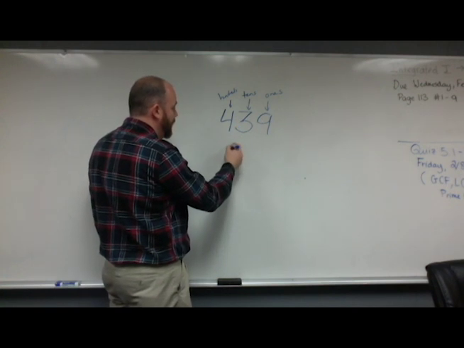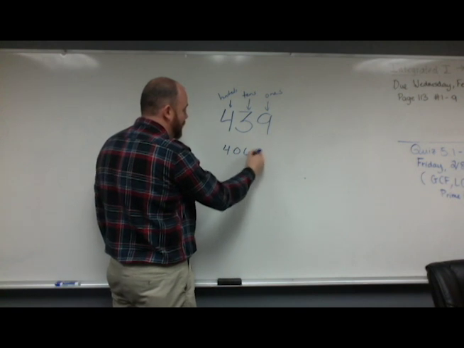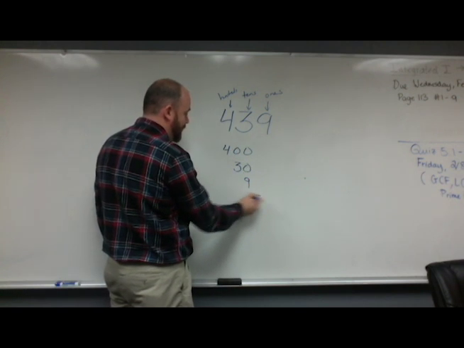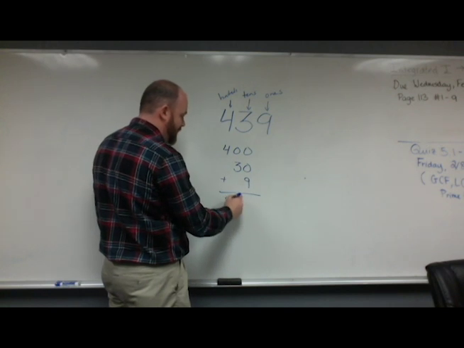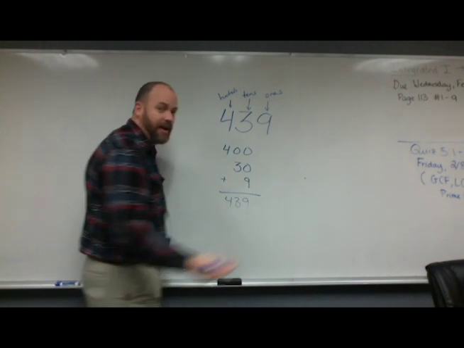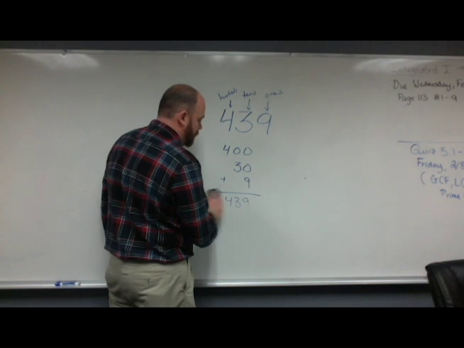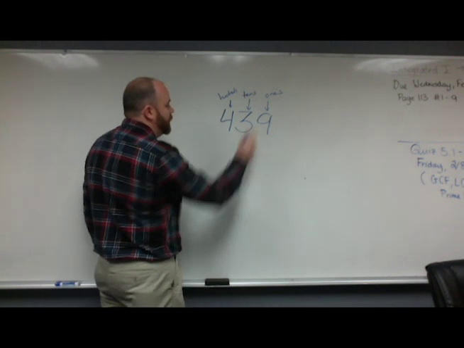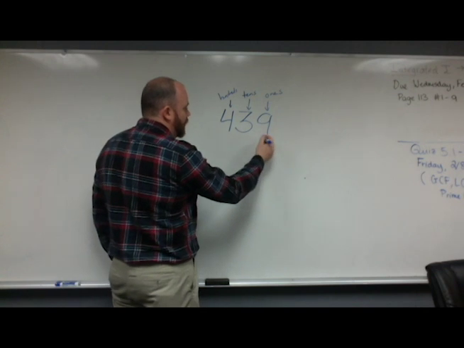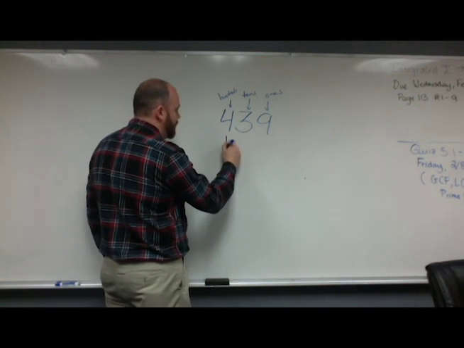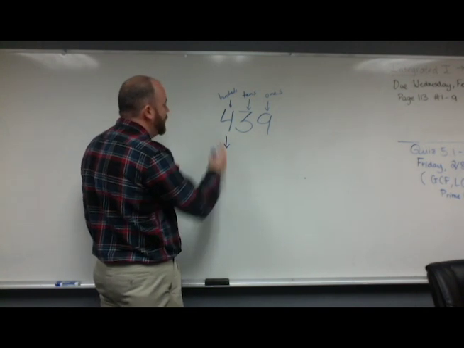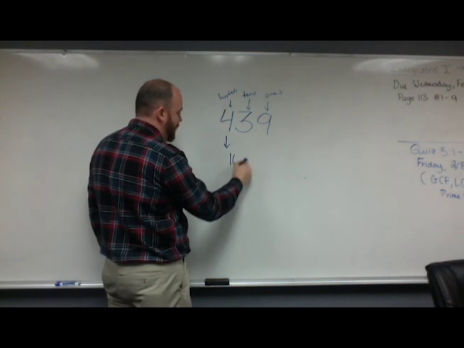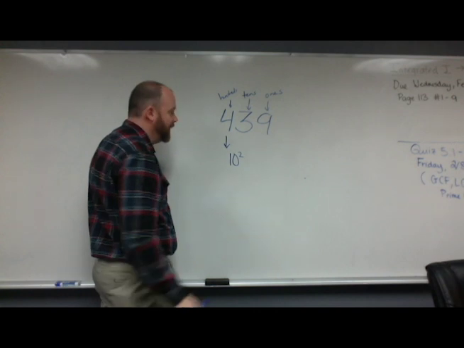So we could write it like this. We could have written it like 400 plus 30 plus 9, and if we add all those up together, we get 439, right? Another way that we could write that is, if we're talking about the hundreds place, we could say that 10 squared is 100, right?